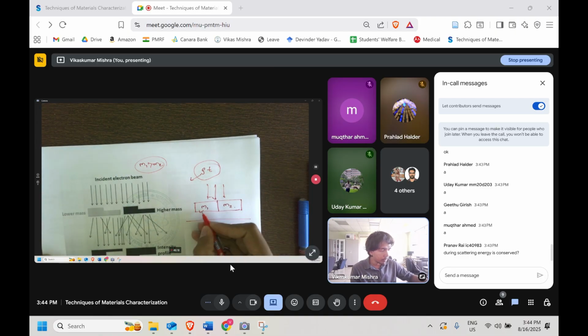What is going to happen? Here, the atoms are densely packed and the density is more. In that case, it will scatter more. So m1 is going to scatter more than m2. So what we will see on the screen, if I am looking at the direct beam, is that since m1 is scattering more, the direct beam will be darker.